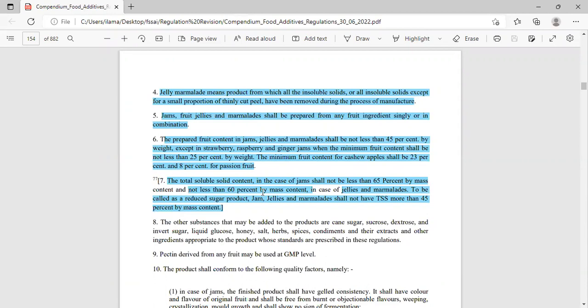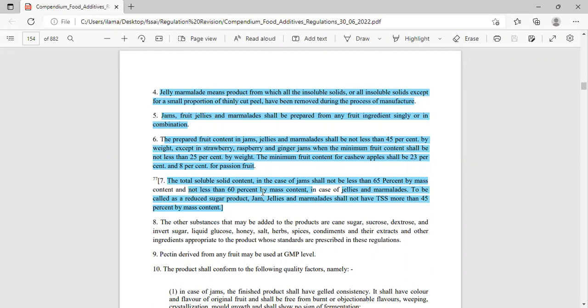In case of jellies and, I made a mistake. For jams only, it's not less than 65 percent, and for jellies and marmalades, it has to be not less than 60 percent.